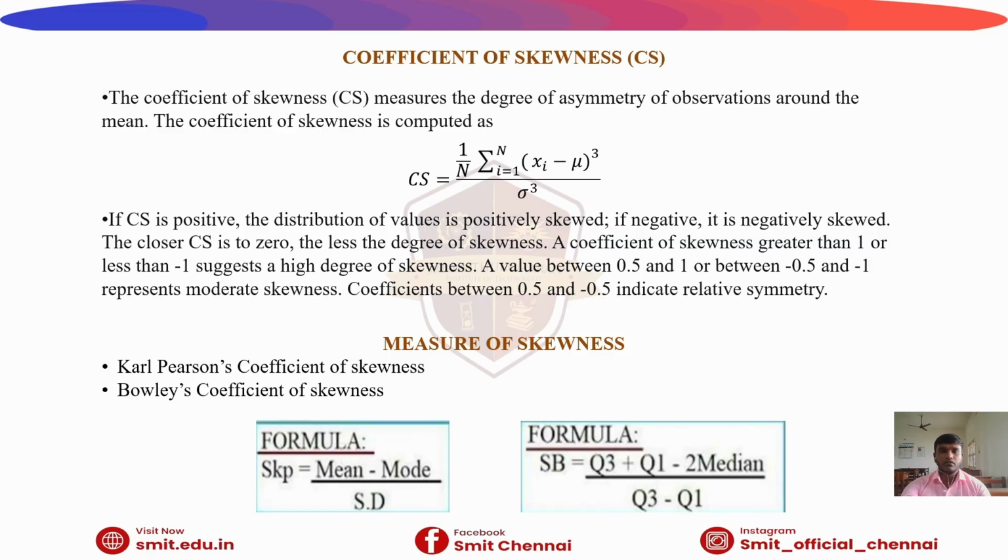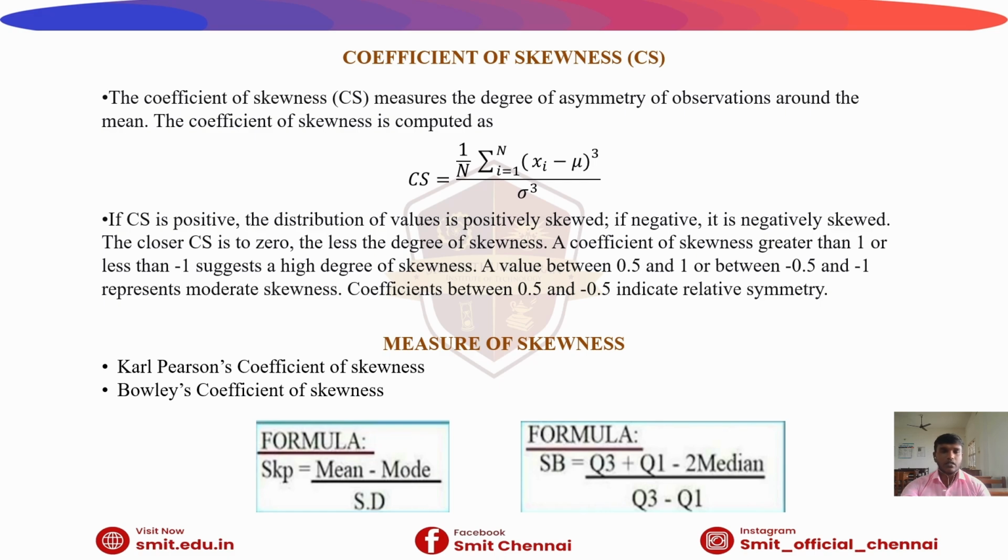A coefficient of skewness greater than 1 or less than minus 1 suggests a high degree of skewness. A value between 0.5 and 1 or between minus 0.5 and minus 1 represents moderate skewness. A coefficient between 0.5 and minus 0.5 relates to symmetry.